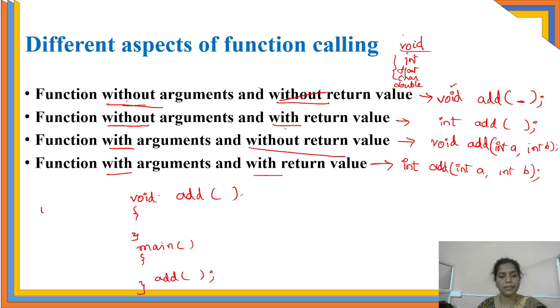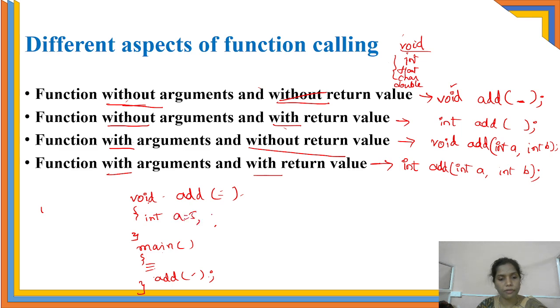So this is the first case, without return type, without arguments. The program execution starts from main, right? Without arguments, main will not send any arguments to the function. So whatever inputs the function requires, you need to read in the function itself.